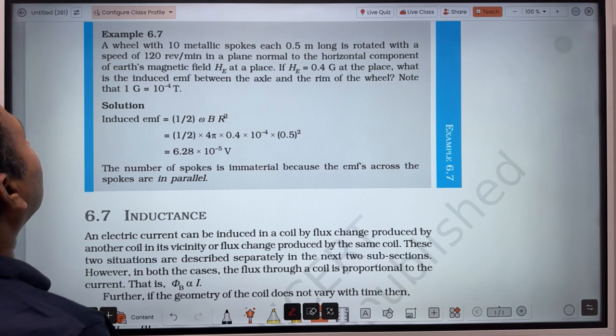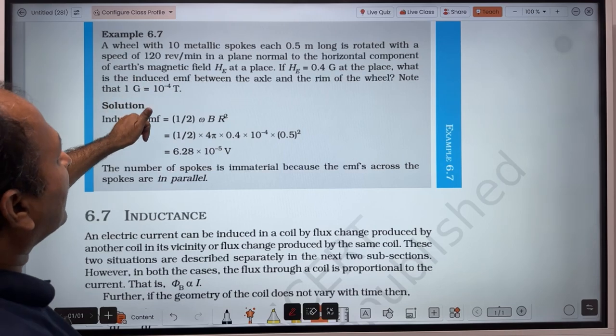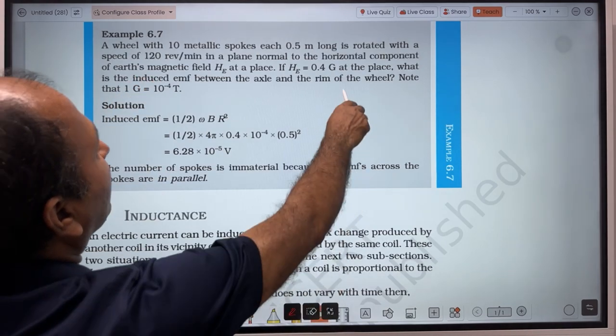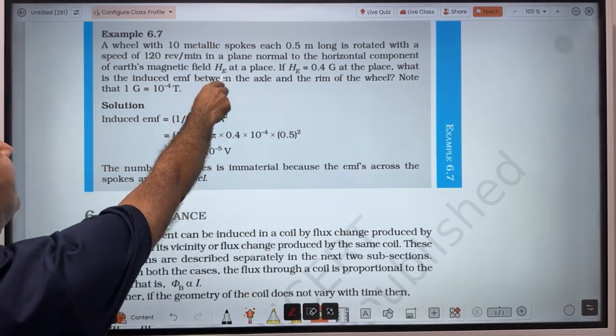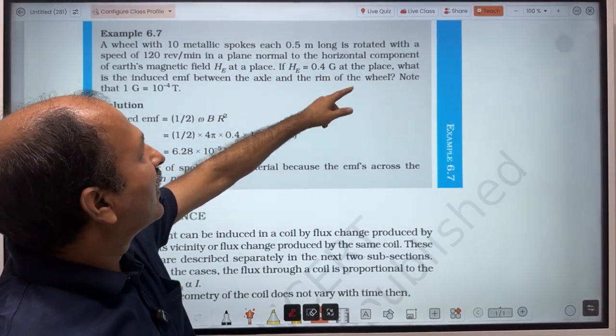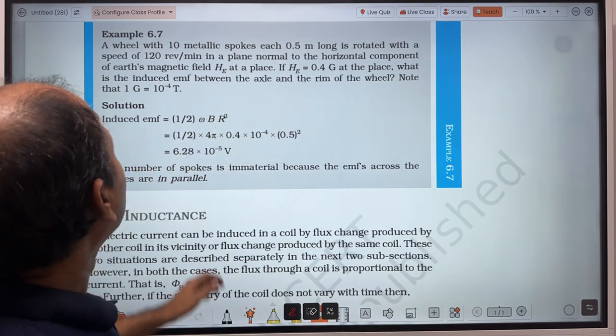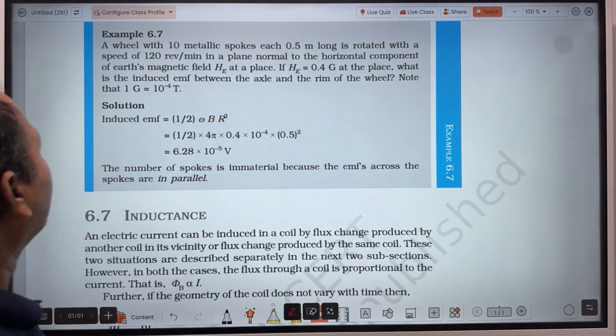So here number of revolutions per second will give frequency, and then we can find omega as 2 pi times frequency. And the horizontal component of the earth's magnetic field at a place is given as 0.4 Gauss. What is the induced EMF between the axle and the rim of the wheel? Note that 1 Gauss is 10 power minus 4 Tesla.